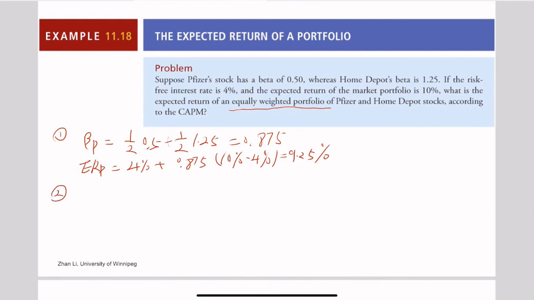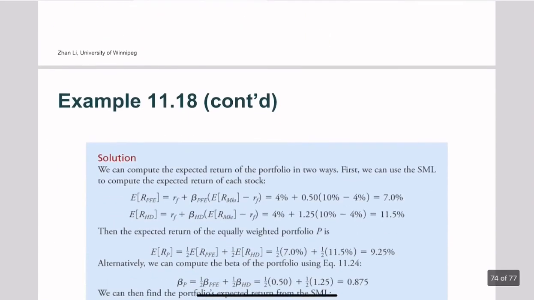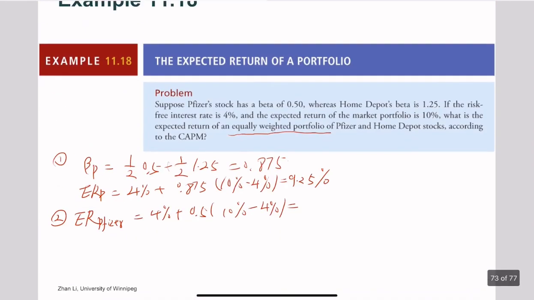We could first start with the expected return of Pfizer and Home Depot, and then calculate the equally weighted return. The expected return of Pfizer is 4% plus beta times the market risk premium, which is 6%, giving us 7%.